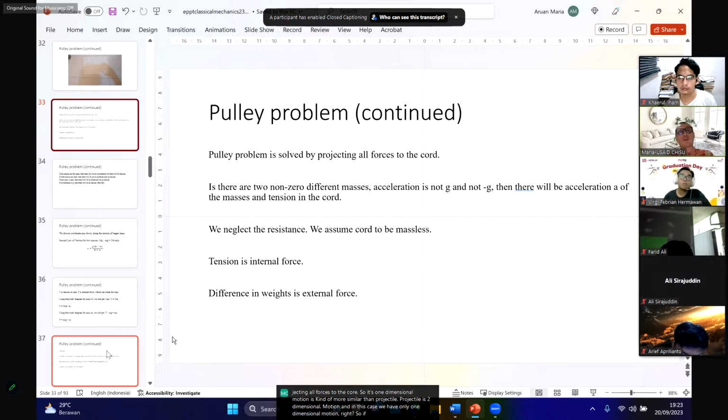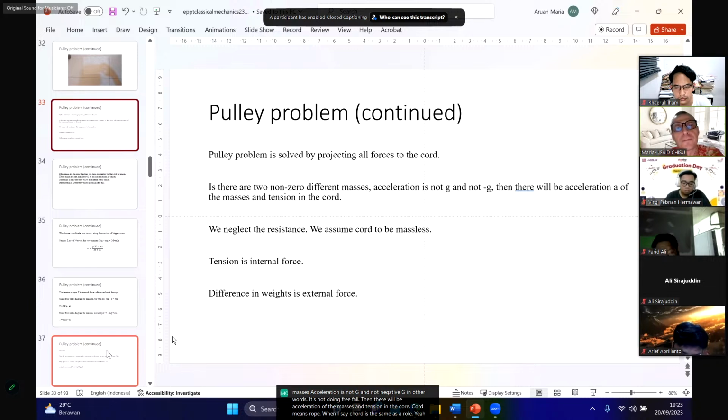So if there are two non-zero different masses, acceleration is not g and not negative g. In other words, it's not free fall. Then there will be acceleration of the masses and tension in the cord. Cord means rope. When I say cord, it's the same as a rope.